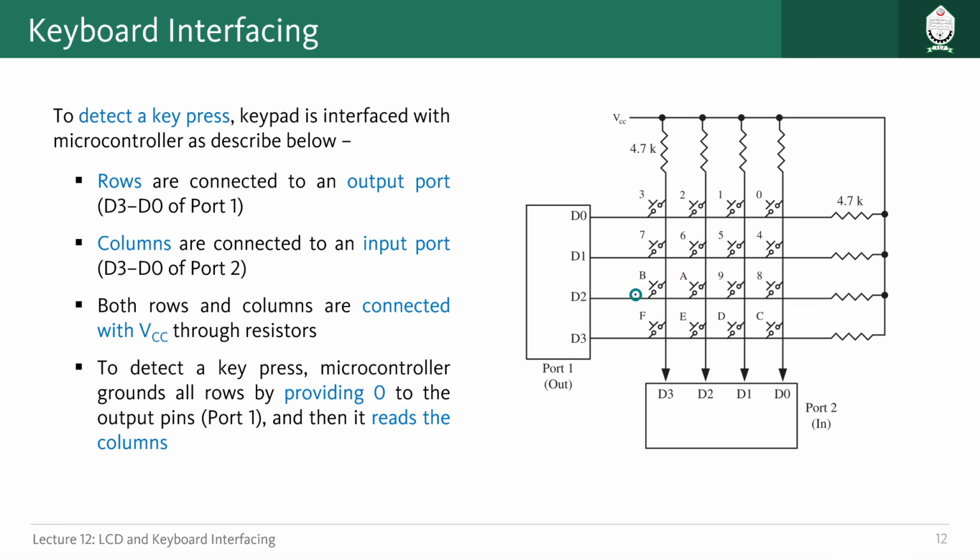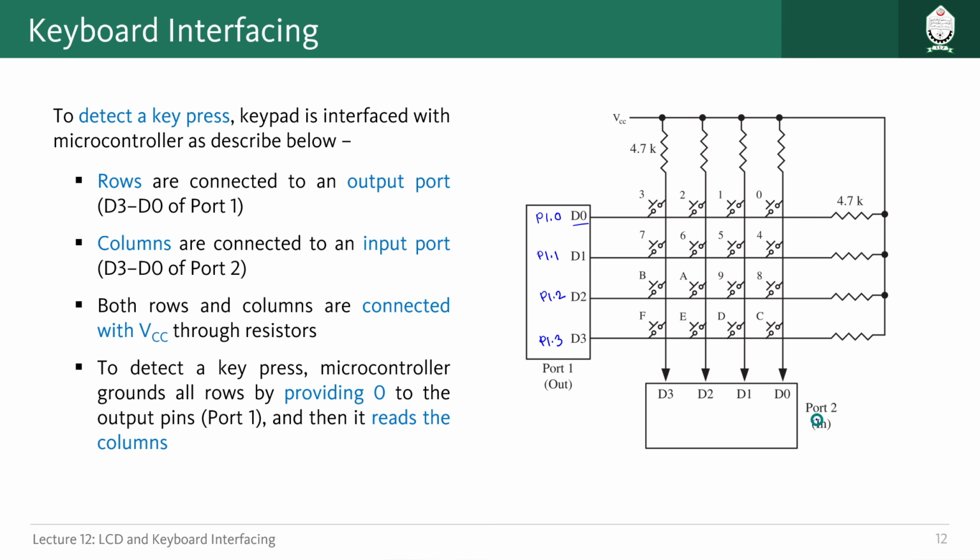Here you see, if we look at the connections we have given with the microcontrollers, port 1 and port 2 are actually used here, and 4 pins of port 1, basically port 1.0, which is called D0 here, then port 1.1, port 1.2, port 1.3, so these 4 are actually connected with the rows of keypad.